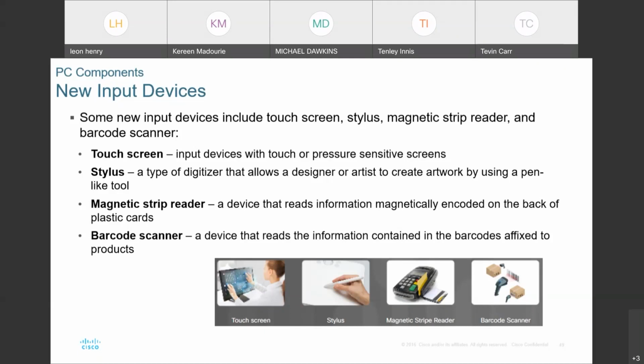So we are talking about the touch screen, basically. The touch screen culminates all the inputs. It uses the keyboard and the mouse right there. So you don't need a keyboard and a mouse when you have a touch screen.